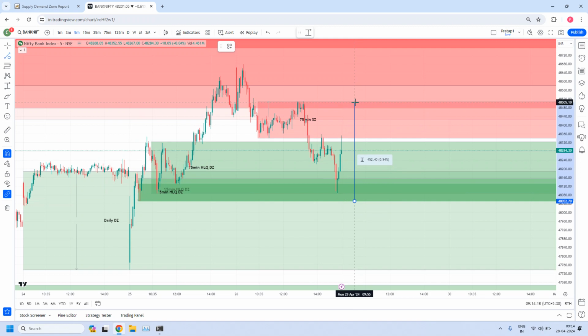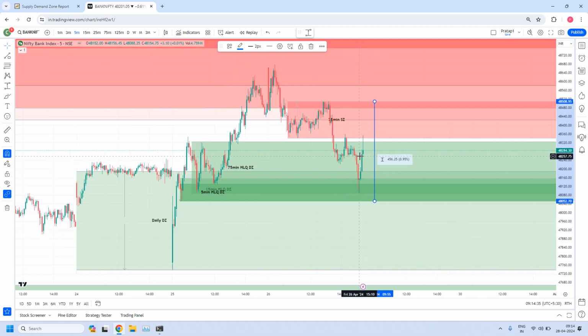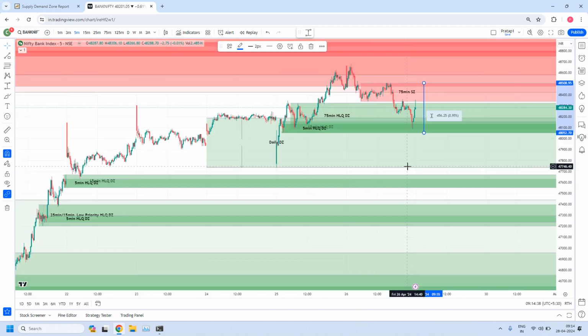Probably we can expect price movement within these areas. So almost a 456 points move will be there from here. Maybe in our next Monday's trade, you can expect this range in Monday's trading. Maybe if possible, today's also may be supported within this.